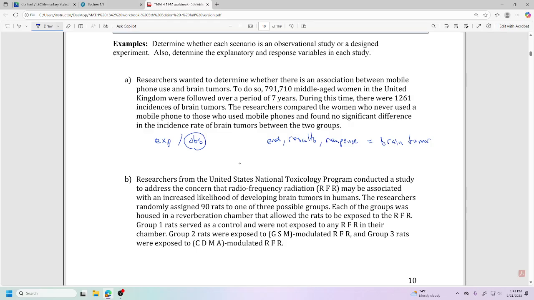The phones, exactly. So the start of it, that explanatory thing we were talking about, would be the cell phone. In the end, we're trying to say, does the cell phone make a brain tumor, right? You start with cell phone. Do you end with brain tumor? Does it make sense? So that's how they would describe that stuff.